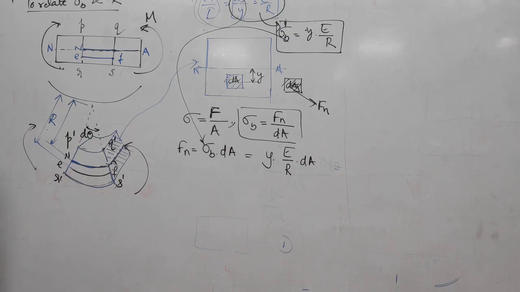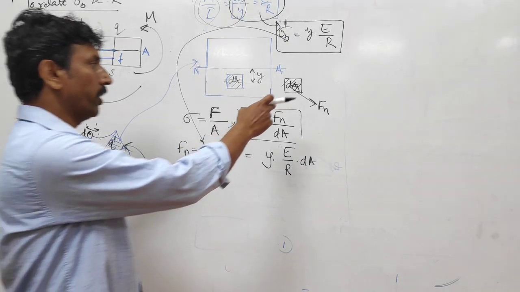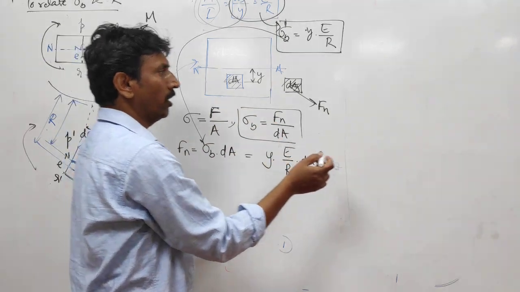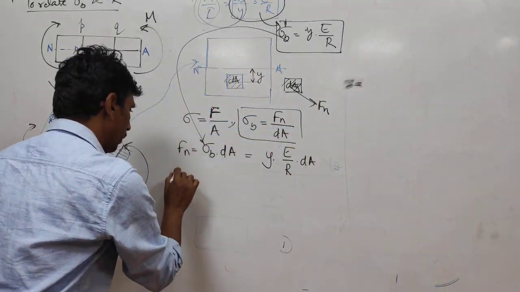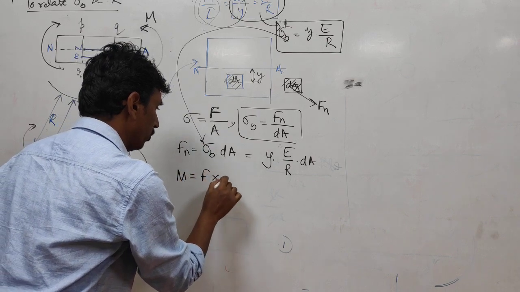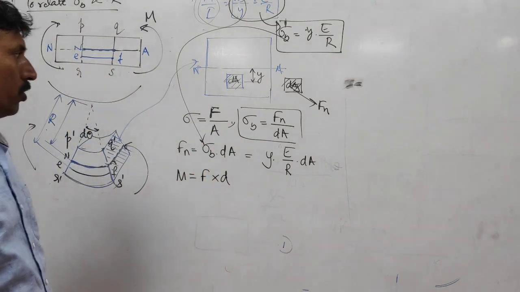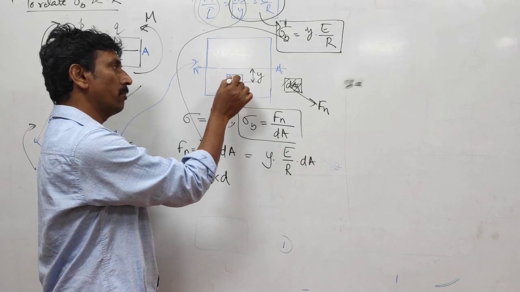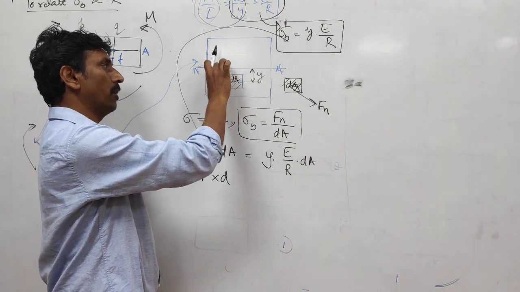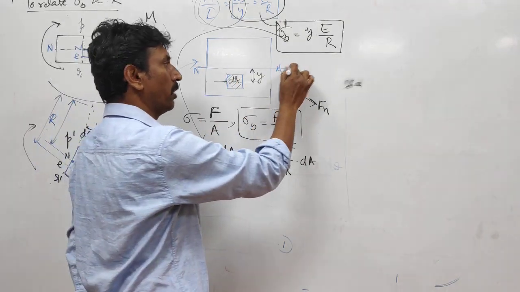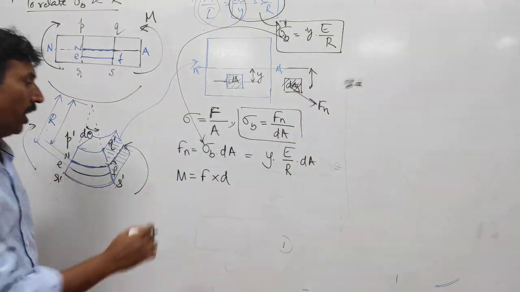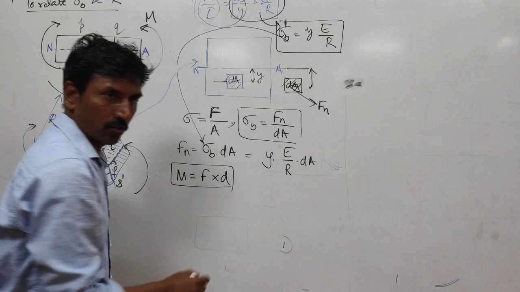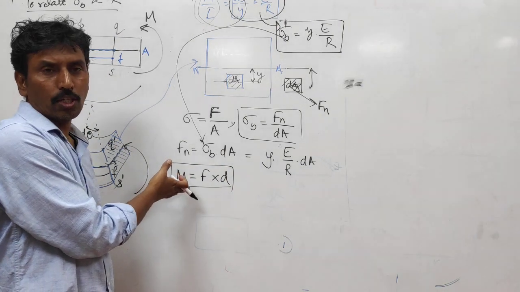So this is the force Fn, and you know that moment is always force into distance. The moment created by this element is force Fn multiplied by this distance y. So you can always say that moment is equal to force into distance. It is as good as torque.